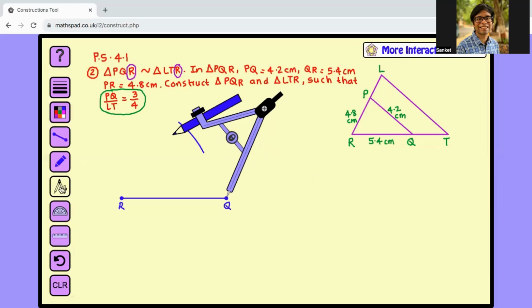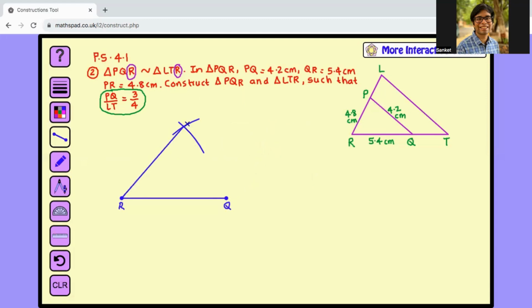I'm going to keep my scale away, my compass away. Now I need to construct this triangle. I've constructed side PR, as well as side PQ. I'm going to label this point as point P.